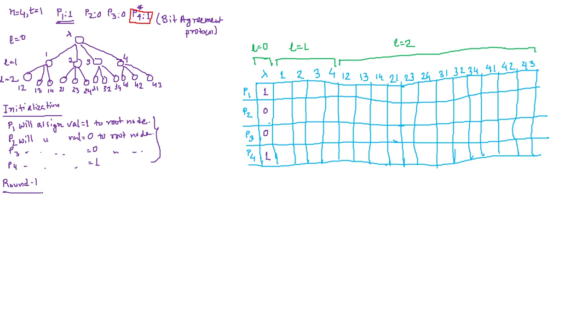Round 1 will have its send and receive operations. Each party will send something, each party will receive something, and then they will assign values to their nodes at level 1. At the end of round 1, all the parties will have some value assigned to their level 1 nodes of local EIG trees. We will see how.